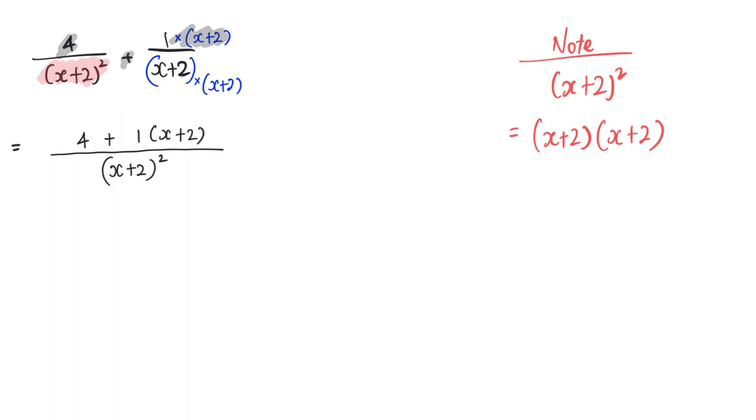Then of course is to expand and simplify the numerator. I still have my 4. This will be, let me use a green color, positive 1 times x, positive x, positive 1 times positive 2, positive 2.